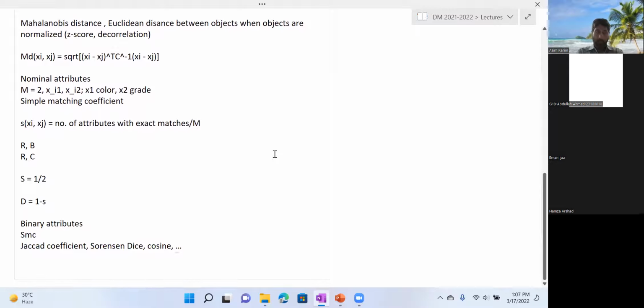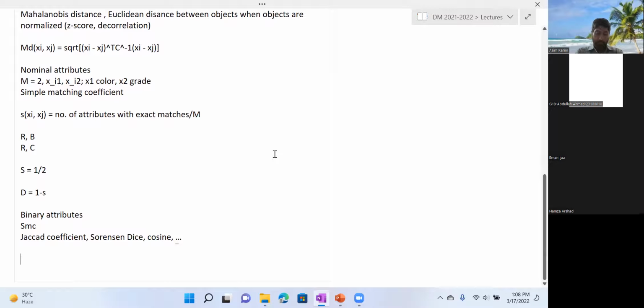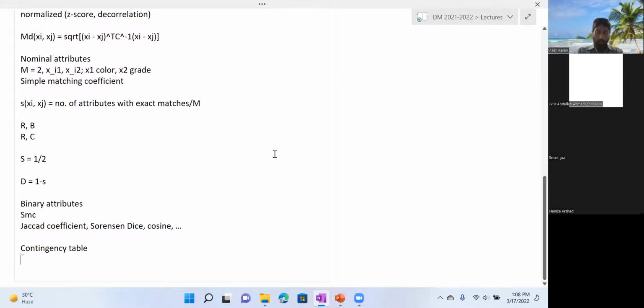So for example, you will have different objects.